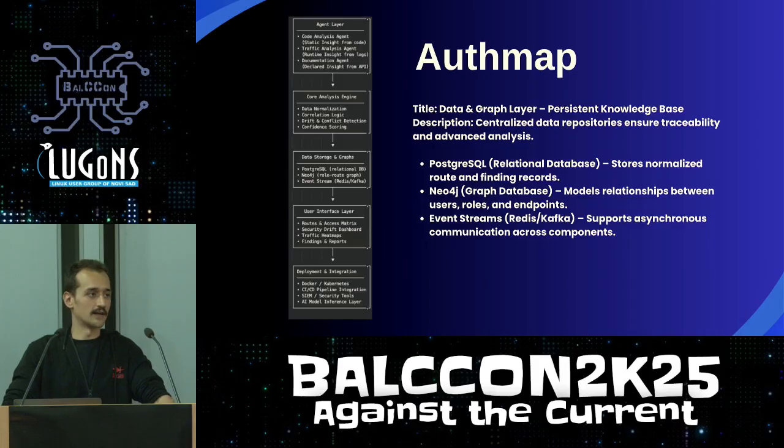We take the graph of every user role and what requests that user role can send to which routes, and these are all presented in a graphical layer. The event streams, it could be Redis or Kafka, support asynchronous communication across all of these components.